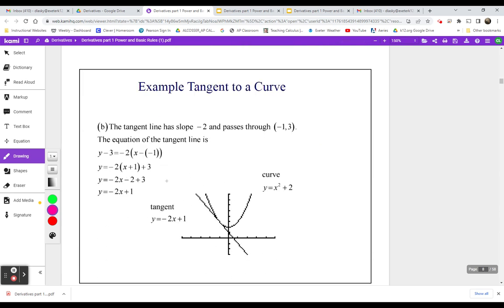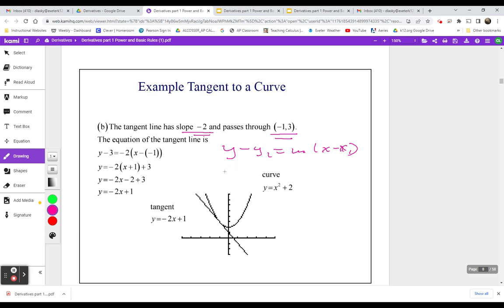So we do the same thing here. If they give us, this is just giving us some information. So if they give us a tangent line and the slope is -2 and it passes through -1 and 3, we got our y minus y1 equals slope times x minus x1, right?